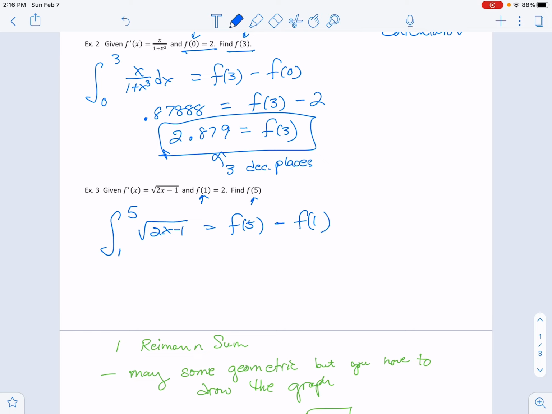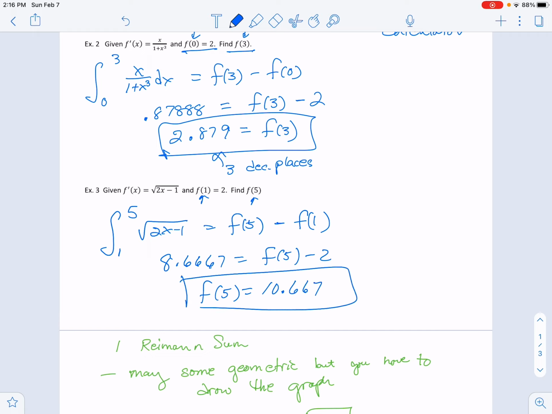Hit the square root button, 2x minus 1, 1 to 5, and it tells me 8.6667 equals f of 5 minus 2. Again, we get to add 2, and I get f of 5 is equal to 10.667. All there is to the lesson is fun stuff.